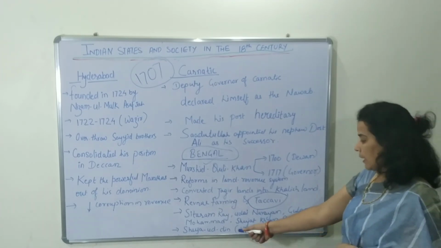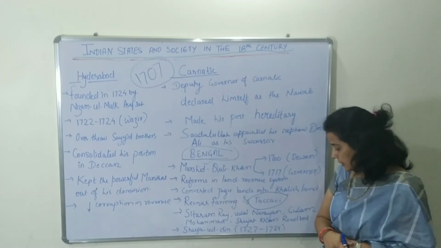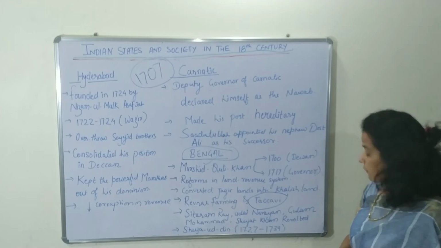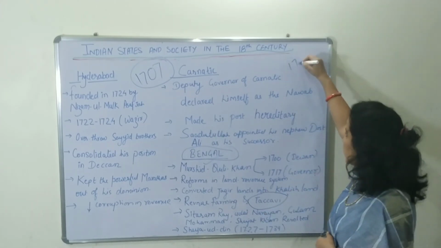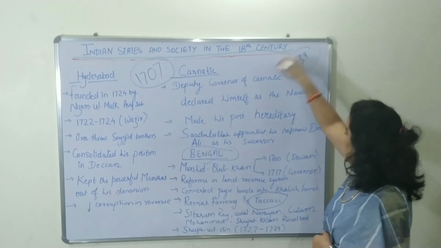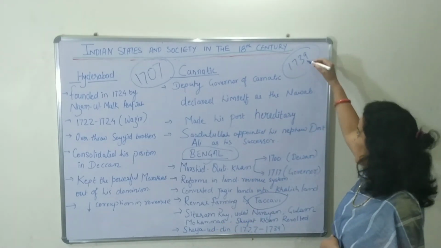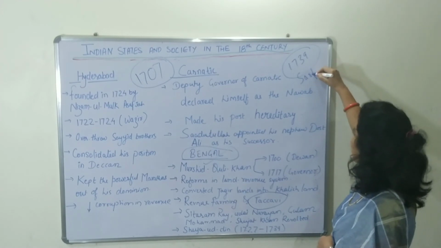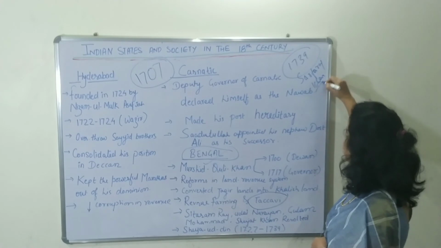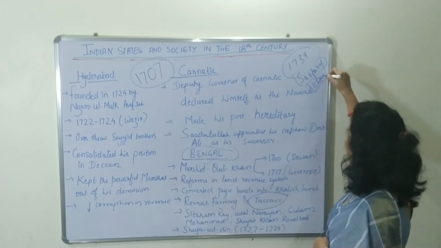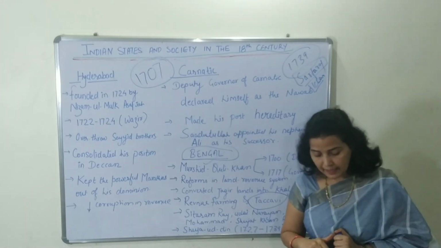He was also an able man, and after that his son Sarfaraz Khan became the ruler in 1739. So whose son? Shujauddin's son Sarfaraz Khan became the ruler of Bengal. But what happened at that time?